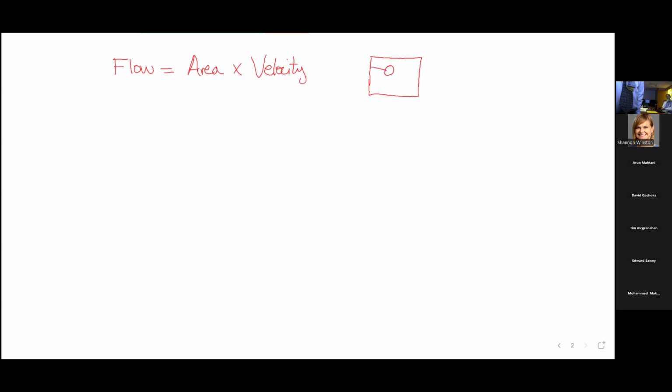So we have the ascending aorta, and down here we have the descending aorta. We want to know what is the area of this blood vessel, and then what is the velocity at all the different points in here, all the little pixels. What is the velocity within those pixels?